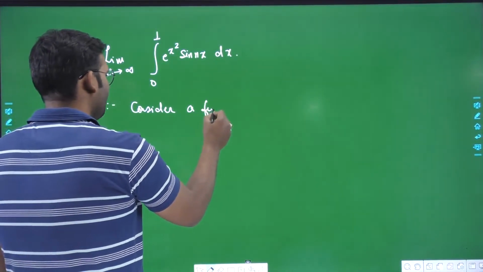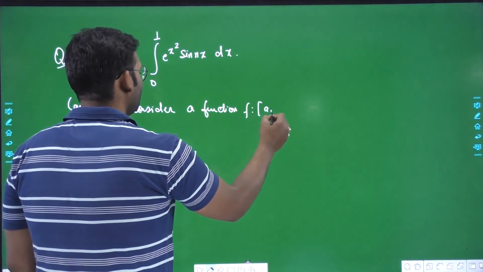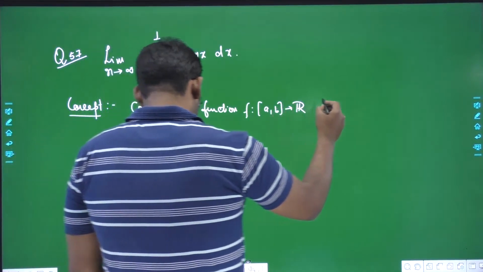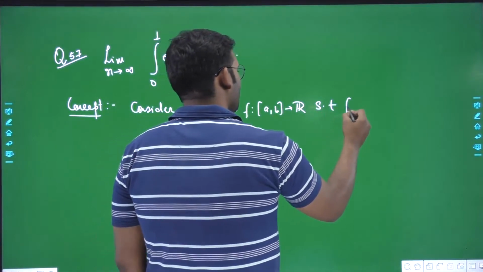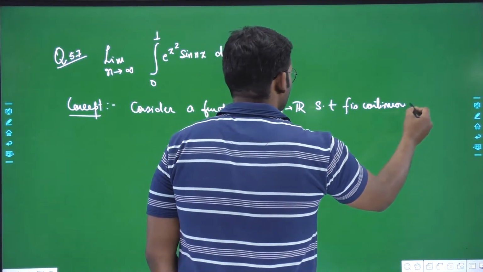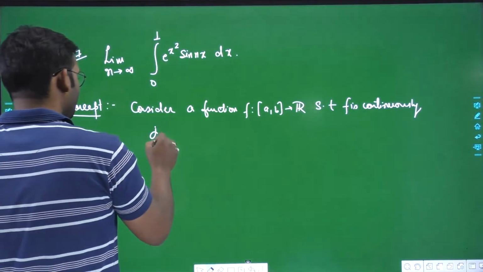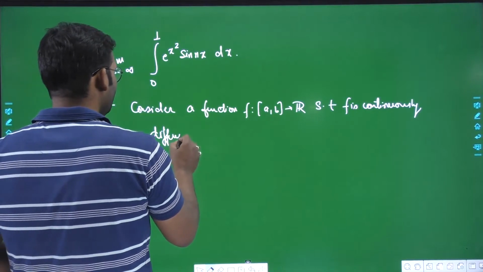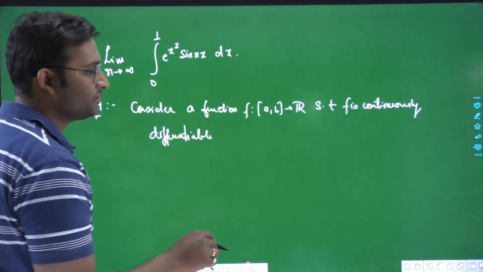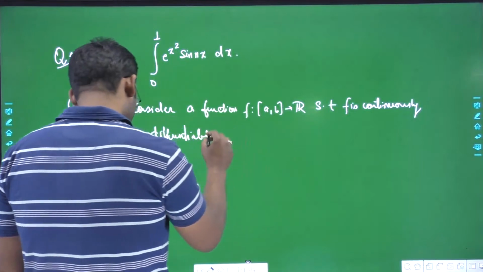Consider a function f defined from the closed interval a comma b to R such that f is continuously differentiable, by which I mean that your function is continuous and the derivative of the function is also continuous.